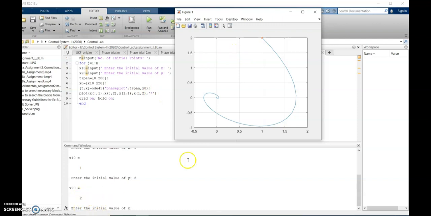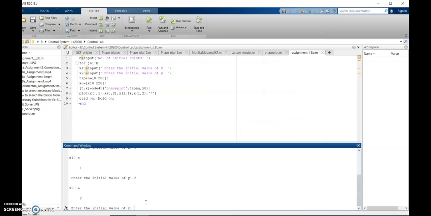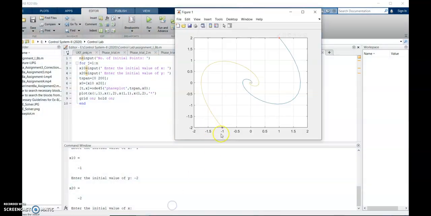Next, it is asking, because I have given the command grid on, hold on, so this graph will be there. Already the program is asking me to give the second set of initial values. So it was -1, it was -2. So let's see what the graph is.